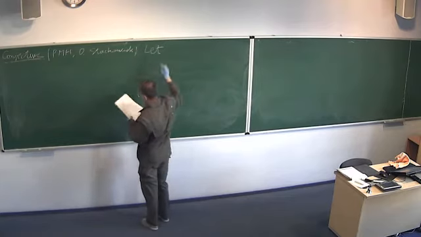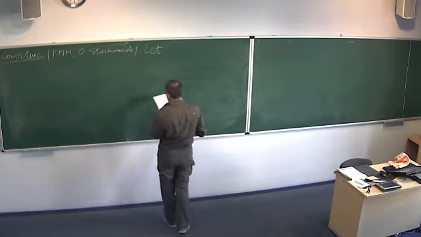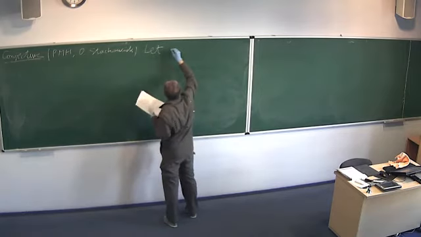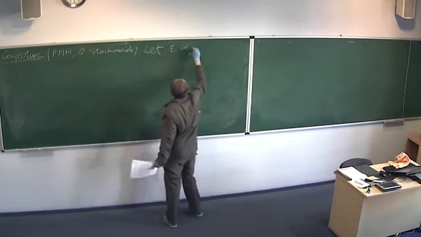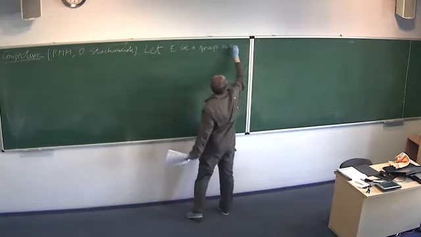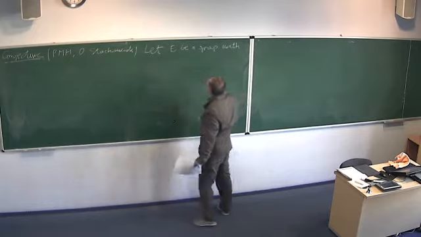So what are our assumptions? Let E be a graph with a finite number, but at least 2 edges.